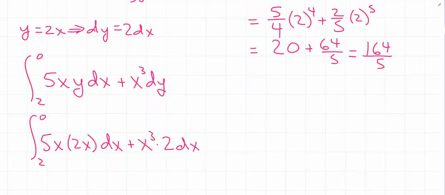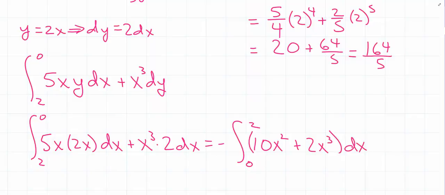It's irritating to have the 2, 0 like this, so let me call that negative 0 to 2. Then I can work this out. This is 10x squared plus 2x cubed, and then this is just an elementary school integral. Let me make sure. Now that I said that, I'll mess up on it.